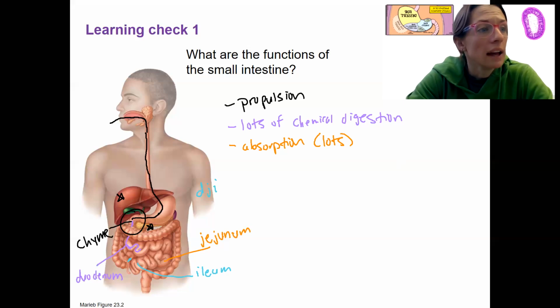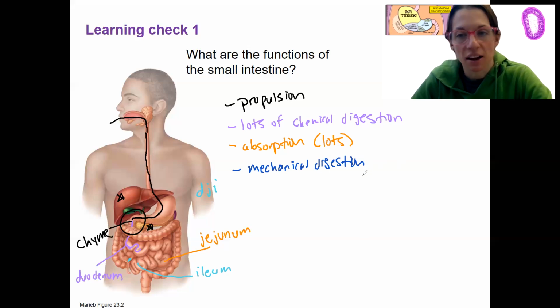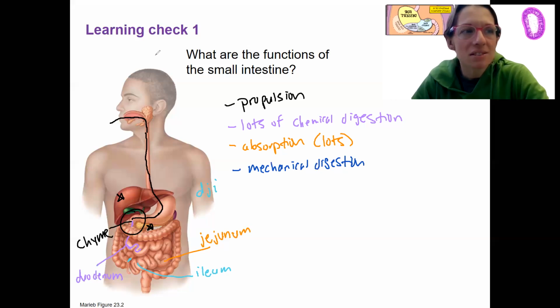The last one we have is the last function that things have besides ingestion and defecation, which is not going to happen here. What's the other one? Mechanical digestion. There's a special way of mechanically digesting. It's not going to be the same as in the stomach, where we're sloshing, churning, but it's somewhat similar.